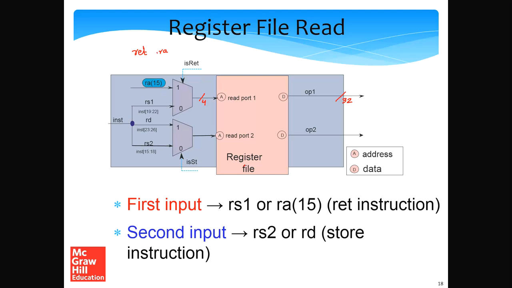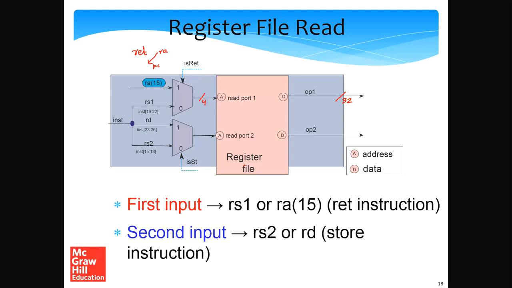So basically the contents of register RA are transferred to the PC. That's exactly what the return instruction does: whatever address is stored inside the return address register becomes the contents of the program counter in the next cycle. In effect, the function returns and goes back to the instruction just after the call instruction.